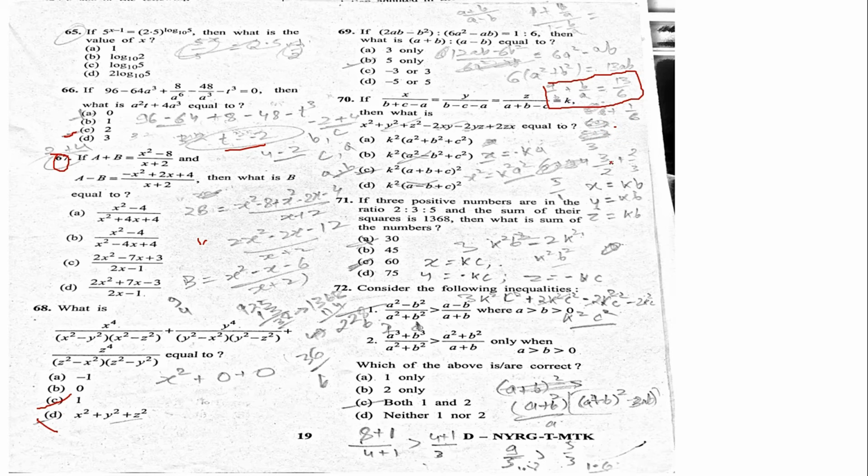So A by B is 3 by 2. So A plus B will be 3 plus 2 or minus 3 minus 2, and likewise in the other way, we can also have A as 2 and B as 3. So in that case, -5 will be the answer. So in a hurry, I also did wrong. The right option will be both -5 and 5.